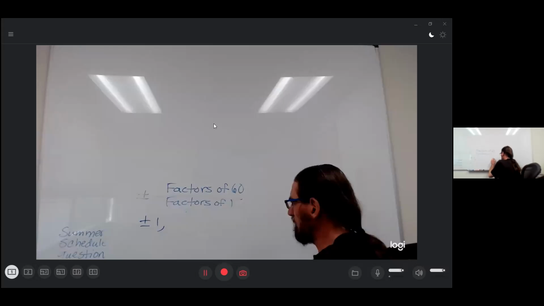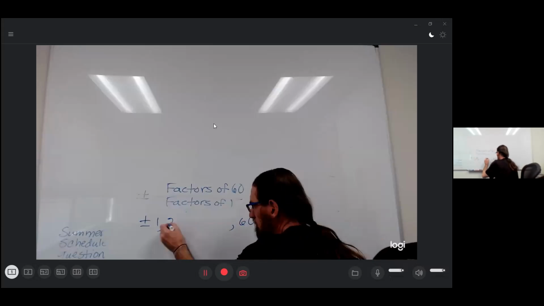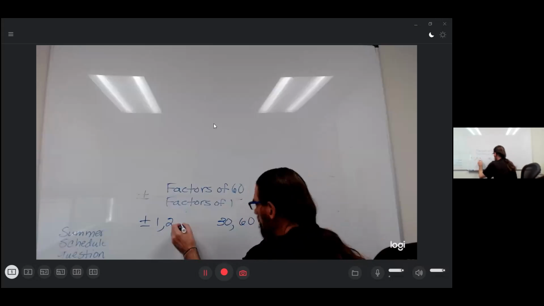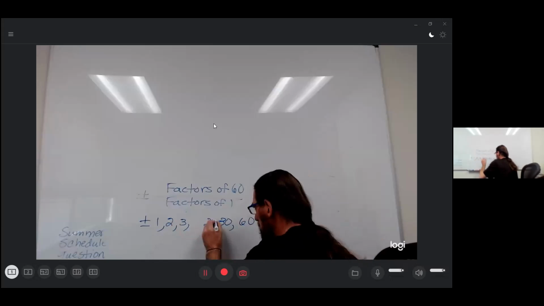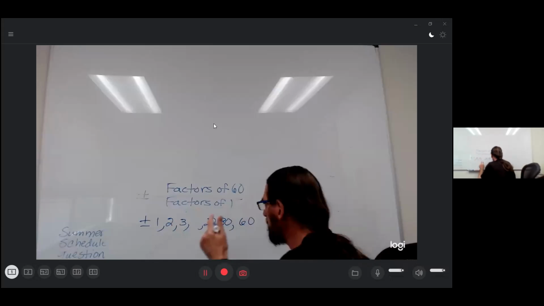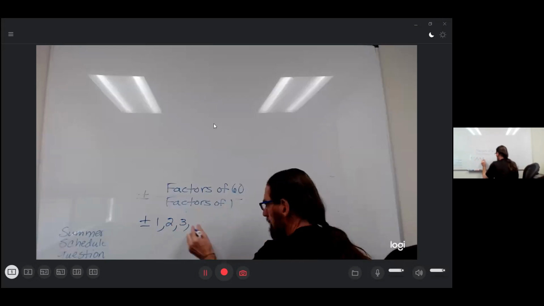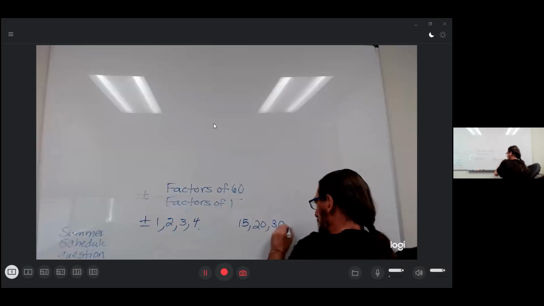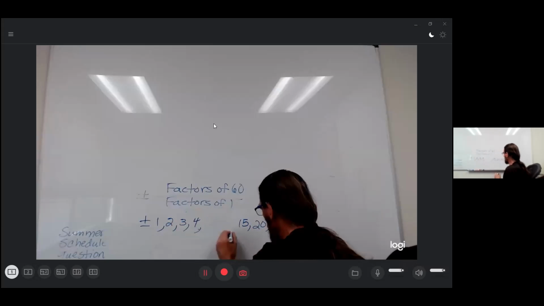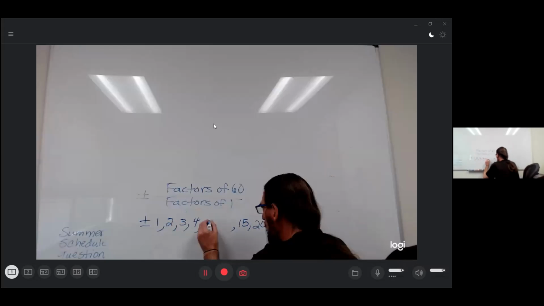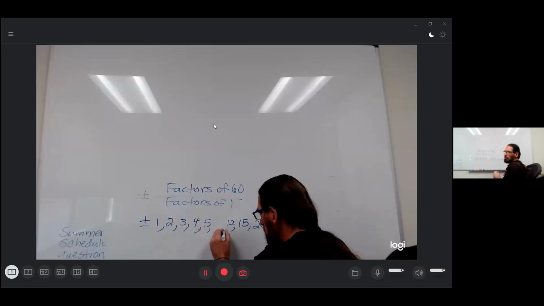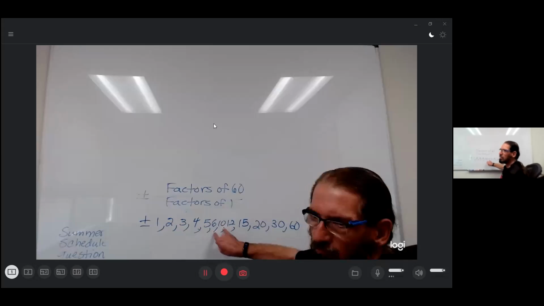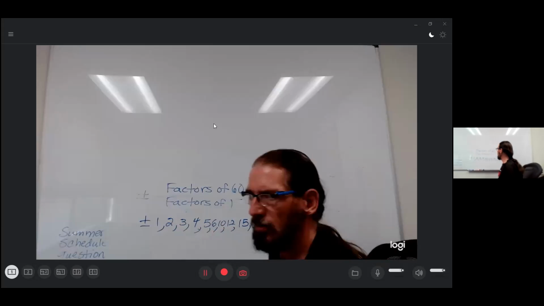1 and 60, 2 and 30, 3 and 20, 4 and 15, running out of space here. So we had 20, 30, and 60. 4 and 15, 5 and 12, 6 and 10, and then 7, 8, and 9 are not factors of 60.